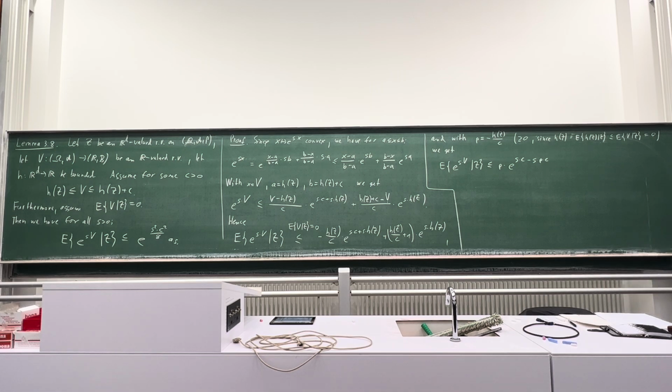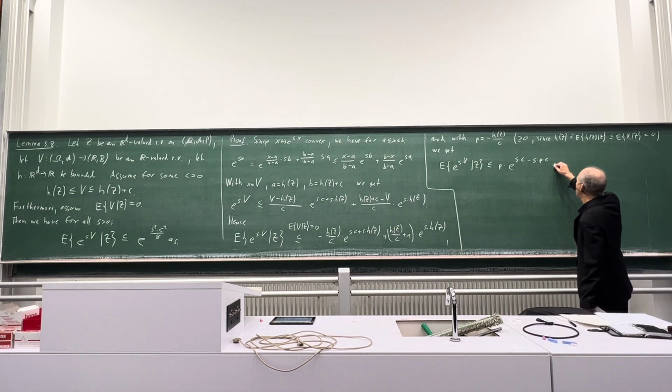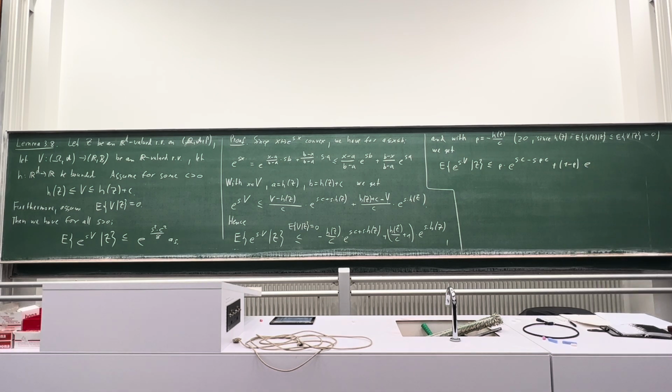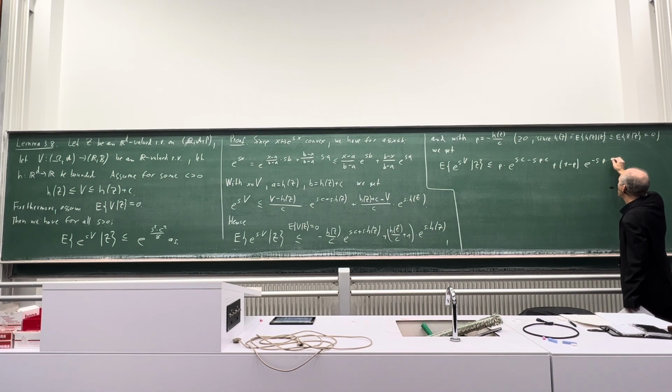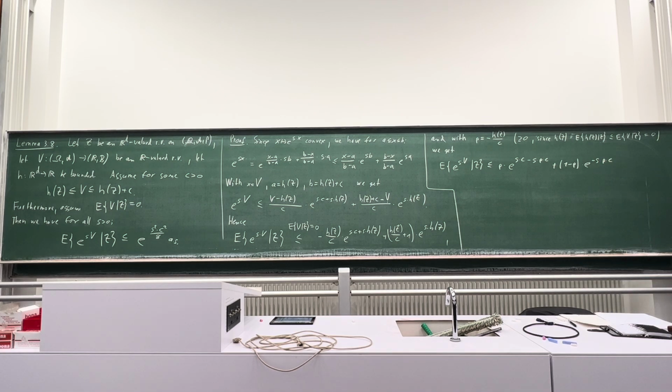We got this one, and the h of z plus h of z divided by c plus 1 is 1 minus p, e to the power h of z is minus p times c minus s times p times c. This doesn't look better anyhow, but you will see in a moment.